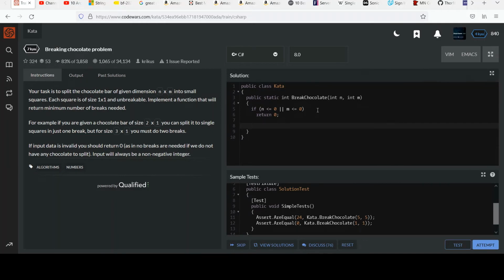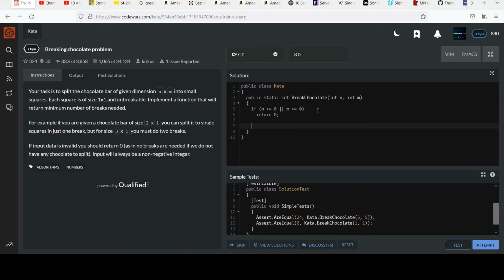In that case, you get 1 break to break it in half, right? And then you're left with 2 rows of 3 rectangles. And then it should be clear for each of those rows, it's going to be 2 breaks, right? You break one rectangle off, and then another rectangle off, and you've got 3 rectangles. So you had 2 breaks for each of those rows, plus the 1 to split it in half.